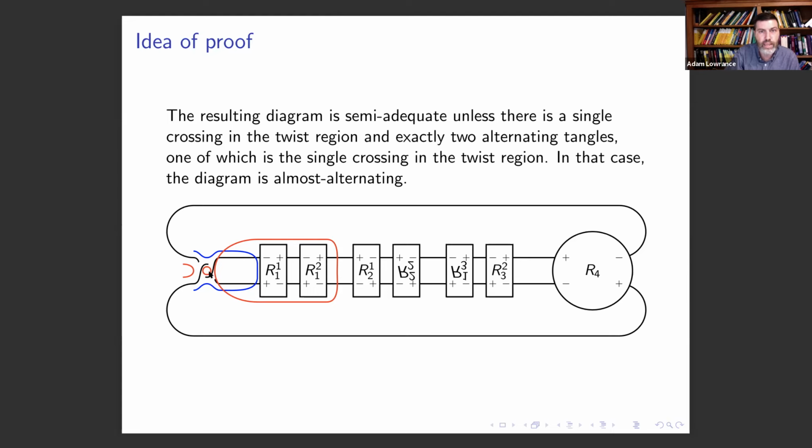Another way that the all-A state will fail to be adequate is if you have more than two alternating tangles, because the only way for the all-A state to have a self-incidence is if it happens where my cursor is and over here, where there's one crossing, except this red state would have to wrap all the way around. And the only way for that to happen is if there are exactly two tangles. And then the blue state does have some self-crossings, right? So there we go.